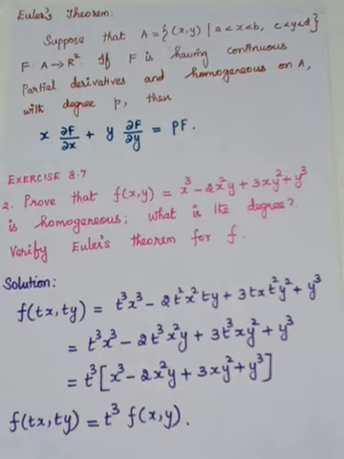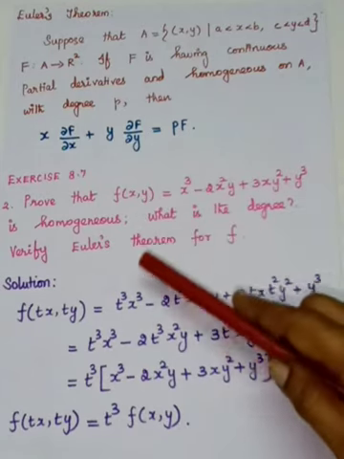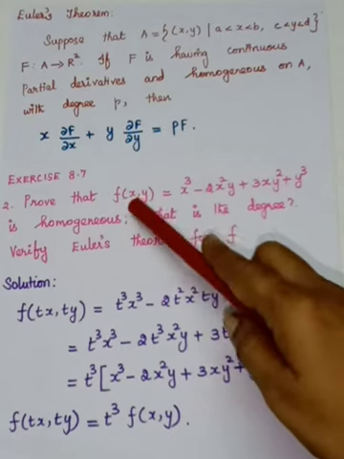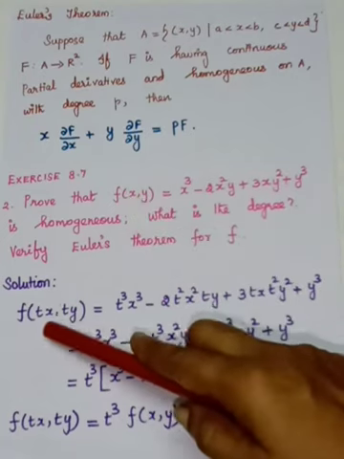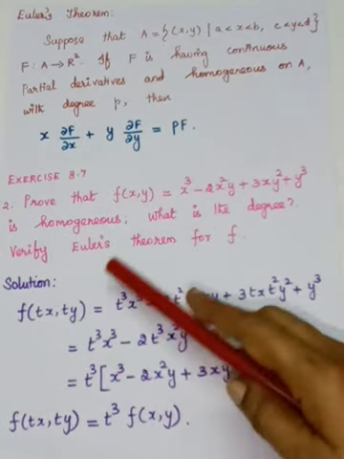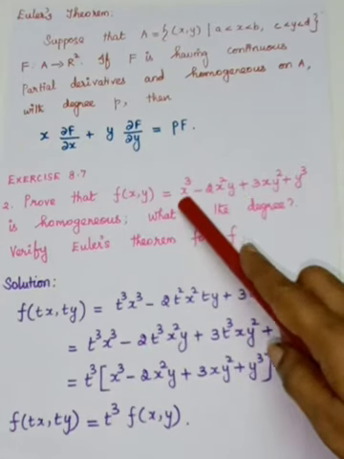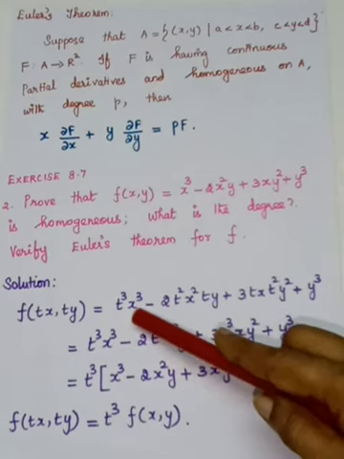Okay, you see that first one, you have to consider the function. We have to prove it is homogeneous. So homogeneous means x and y have to be replaced by tx and ty. So in all the terms, x is tx the whole cube, so it is t cube x cube.